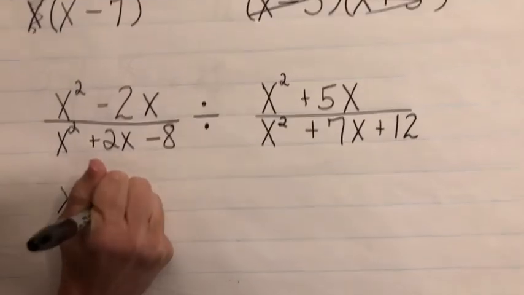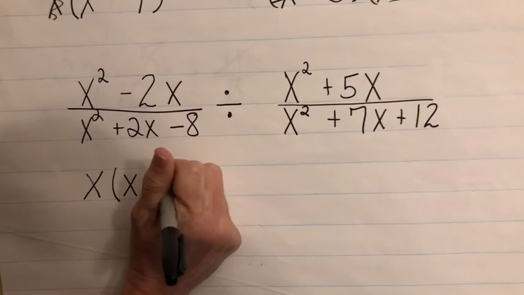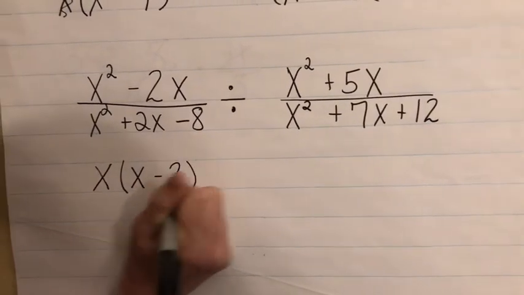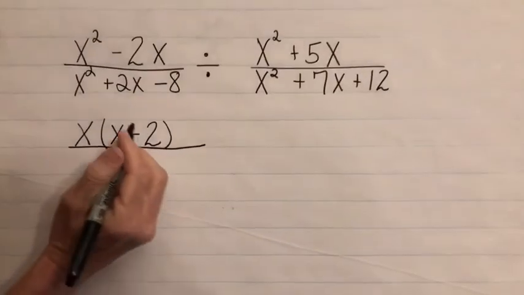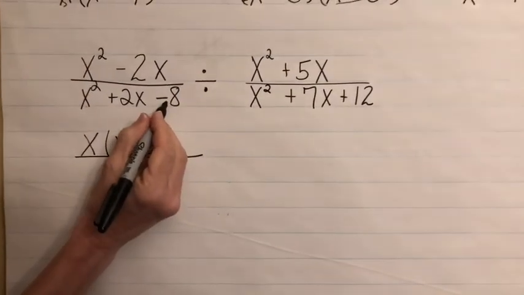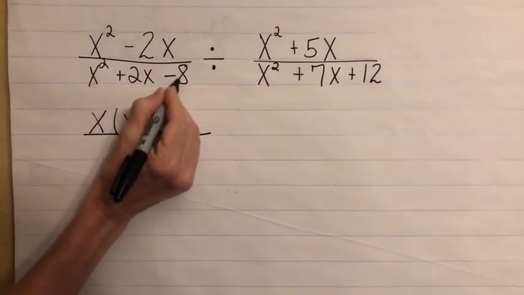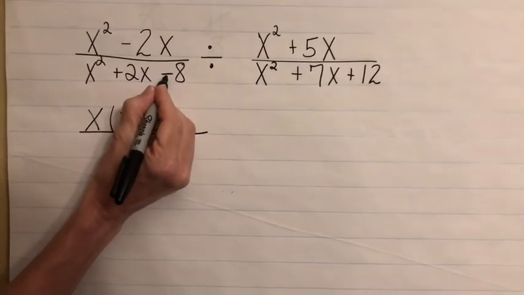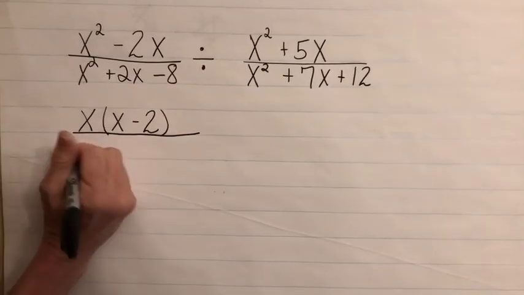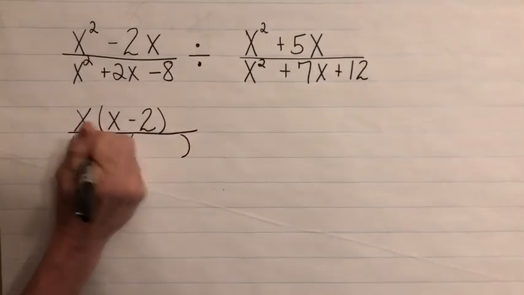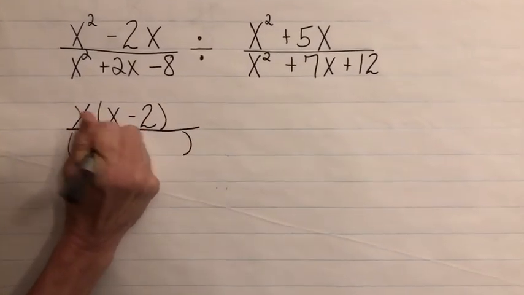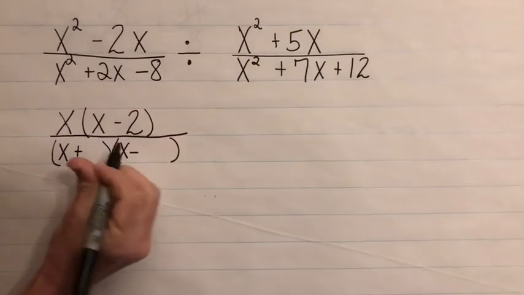And what's left is x minus 2 divided by, and in the denominator, we have a negative 8 in the third term, so that negative sign tells me that the signs in my parentheses are going to be different. They're going to be opposite. So I'll have an x plus and I'll have an x minus.